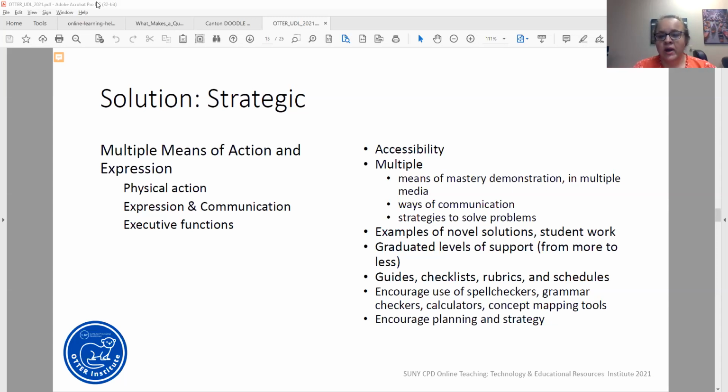Also, another way is to provide multiple ways to let you know what they know. Just like I said before, some of us are very eager to put an essay on everything. So the essay is our universal assessment, and we love to use our essays.